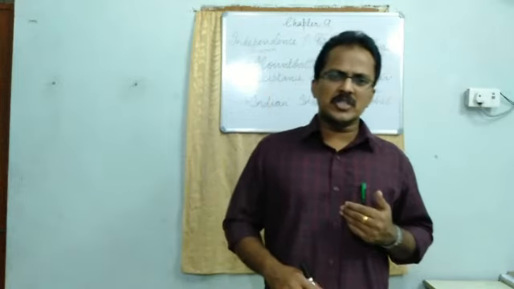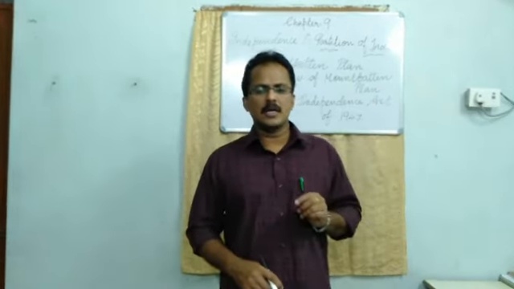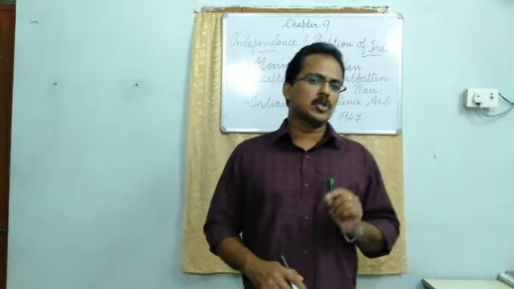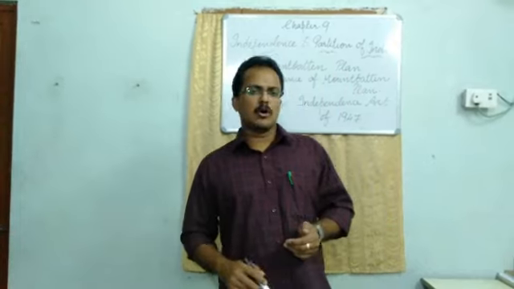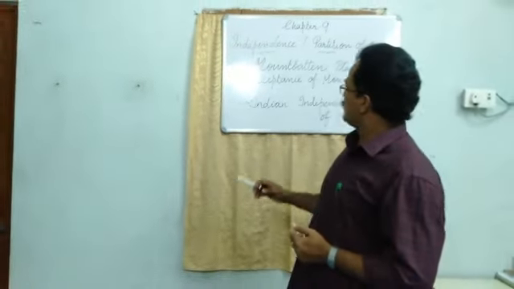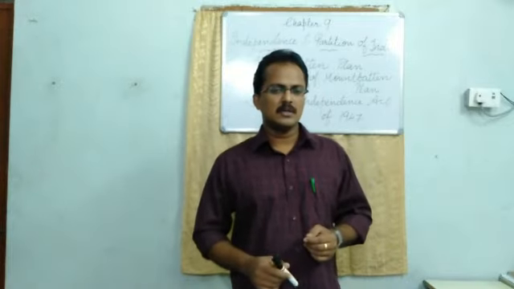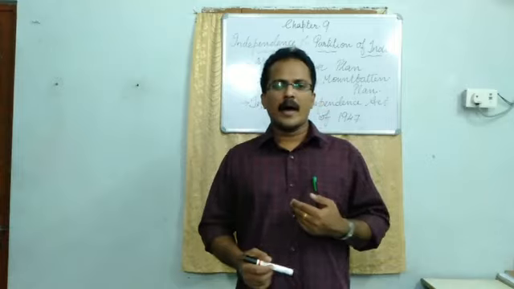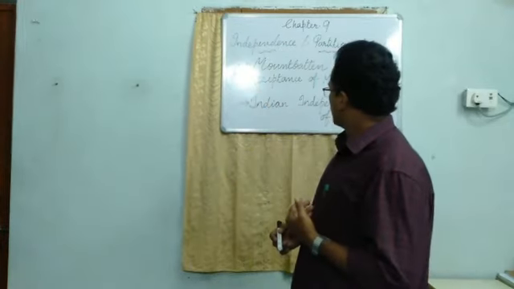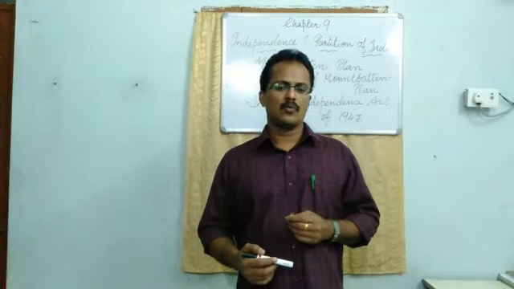As per the revised syllabus, you have to study 3 important topics from this chapter. The important topics are: the first one, Mountbatten Plan; second, the acceptance of Mountbatten Plan; and the third one is the Indian Independence Act of 1947.